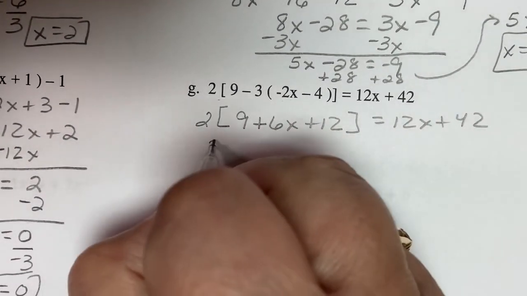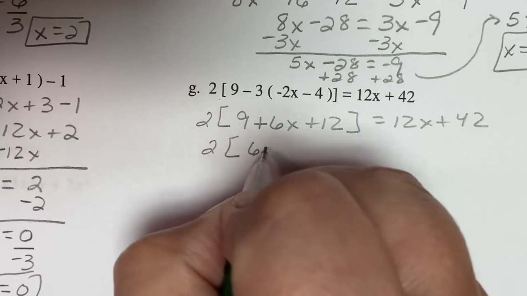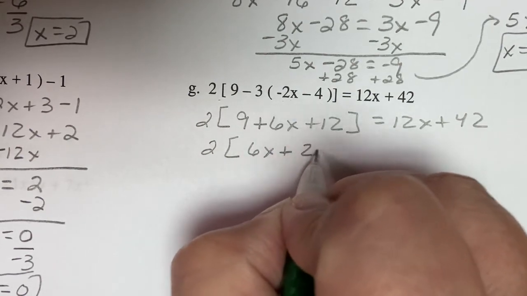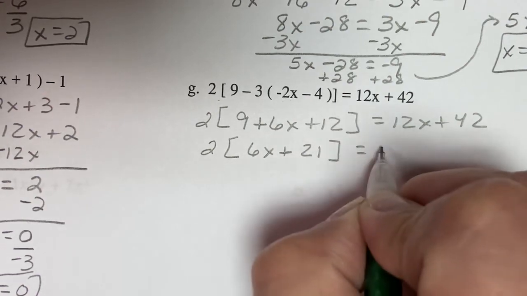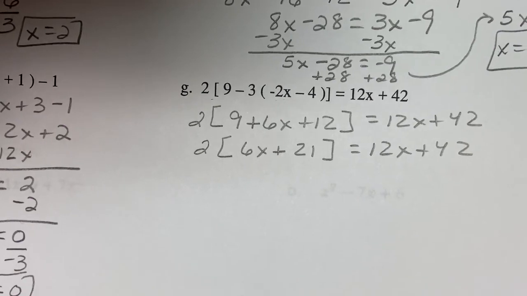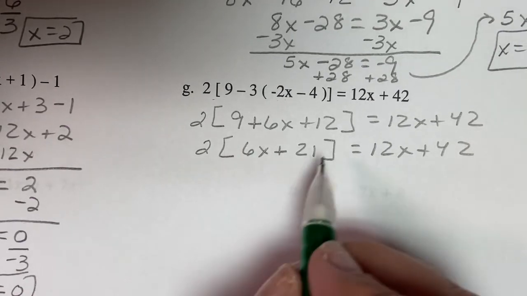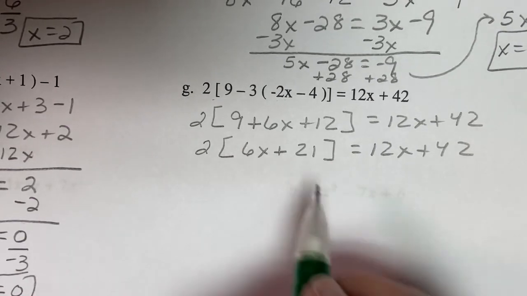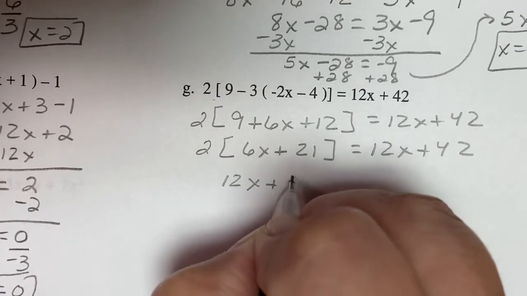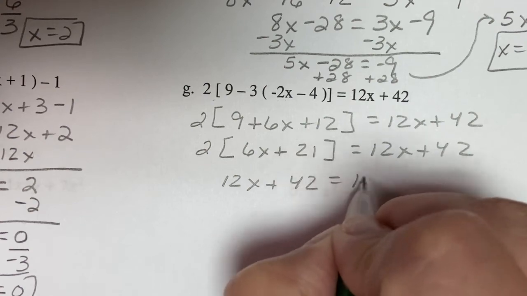Let's combine our like terms inside the brackets, and I'm looking at 6x plus 9 plus 12, which is what, 21? Now we're going to get rid of this set of brackets by, again, distributing. If I distribute here, I'm going to get 12x plus 42.